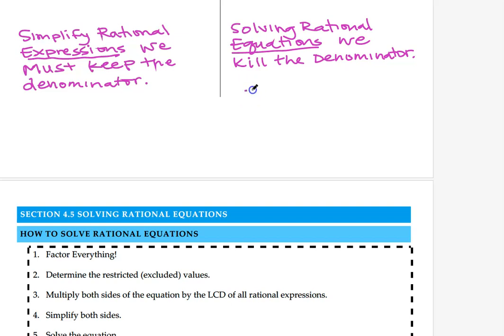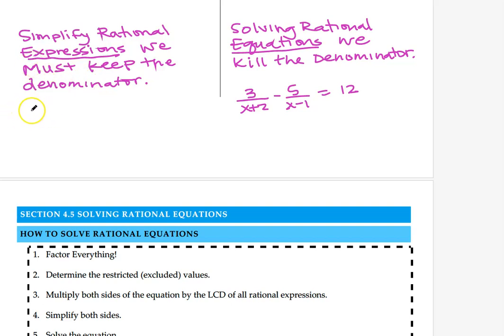So if I had something like 3 over x plus 2 minus 5 over x minus 1 equals 12, that's an equation, right? And so we're trying to find x. I'm going to show you today how we're going to kill off the denominators so we don't have to deal with that, because that looks kind of hard to solve for x when our x is in the denominator, right?